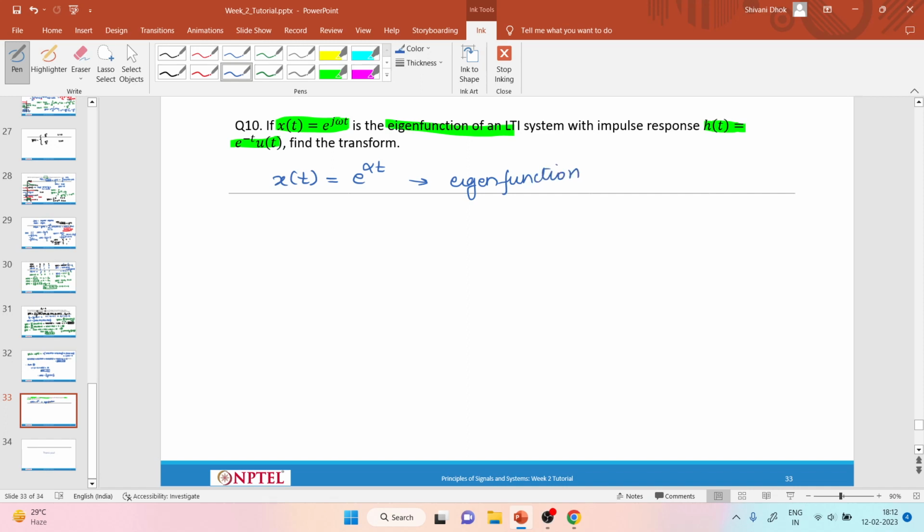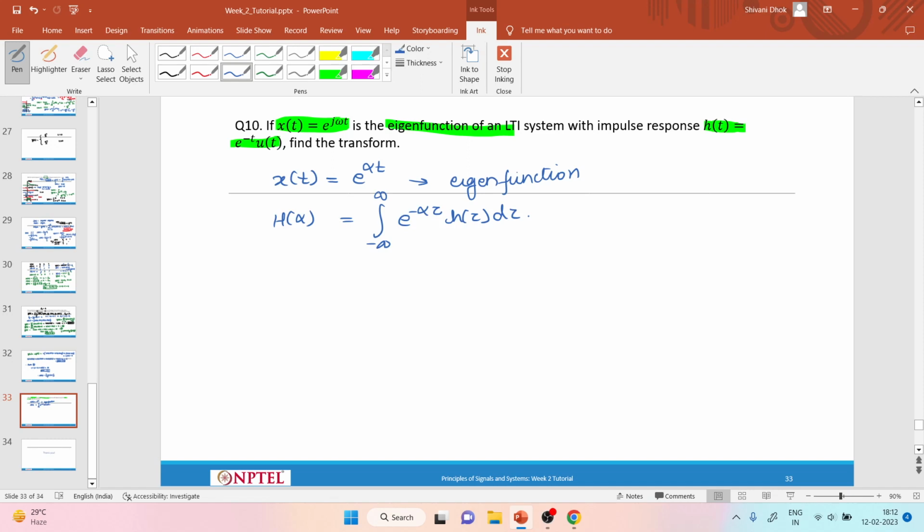And your transform h of alpha was obtained as integration from minus infinity to infinity e power minus alpha tau h of tau d tau. So this was what was obtained in the lecture that was given.